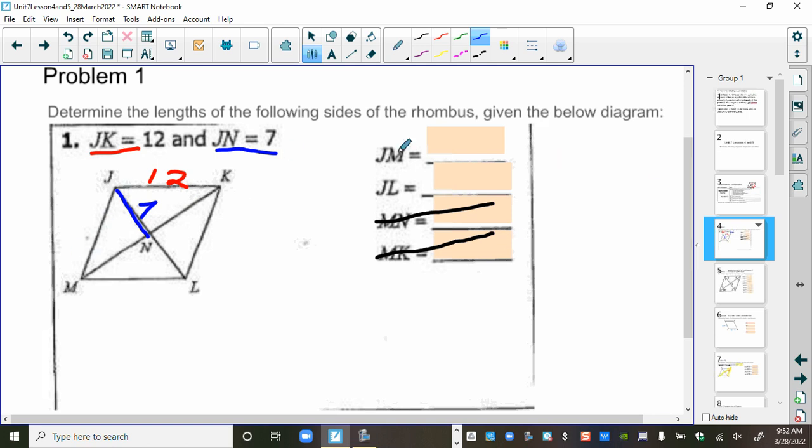So, J to M. So here's J, there's M. Well, the rhombus, they said all the outside sides were what? We just said it, like a square. All four sides are congruent. So JK, if that's 12, then JM must also be. JM is 12.